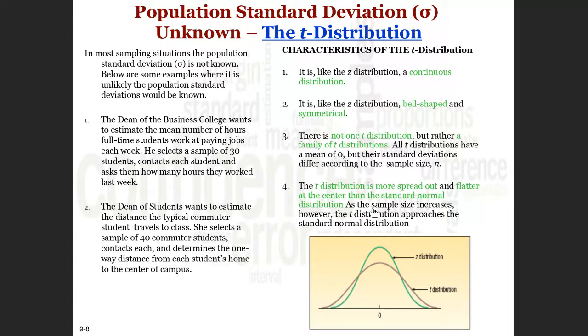As the sample size increases, however, the t-distribution approaches the standard normal distribution. The z distribution is the normal distribution, but the t-distribution only approaches it when you increase the sample size. So that is the important factor there.